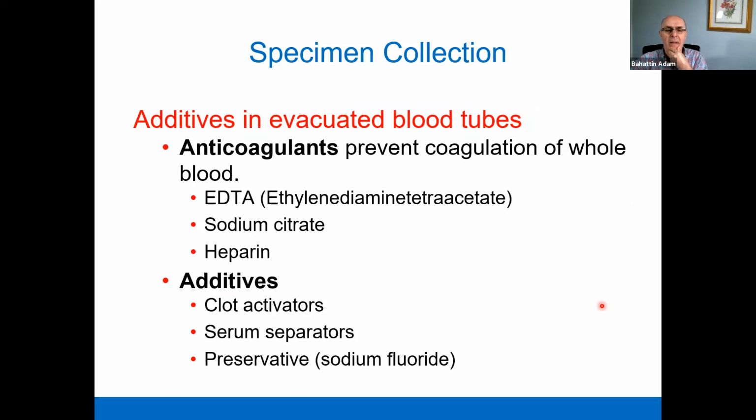The anticoagulants, which prevent coagulation of whole blood: EDTA, which is the most common anticoagulant that we are using, sodium citrate and heparin, the other common anticoagulants that we are using. And sometimes we use additives, clot activators.